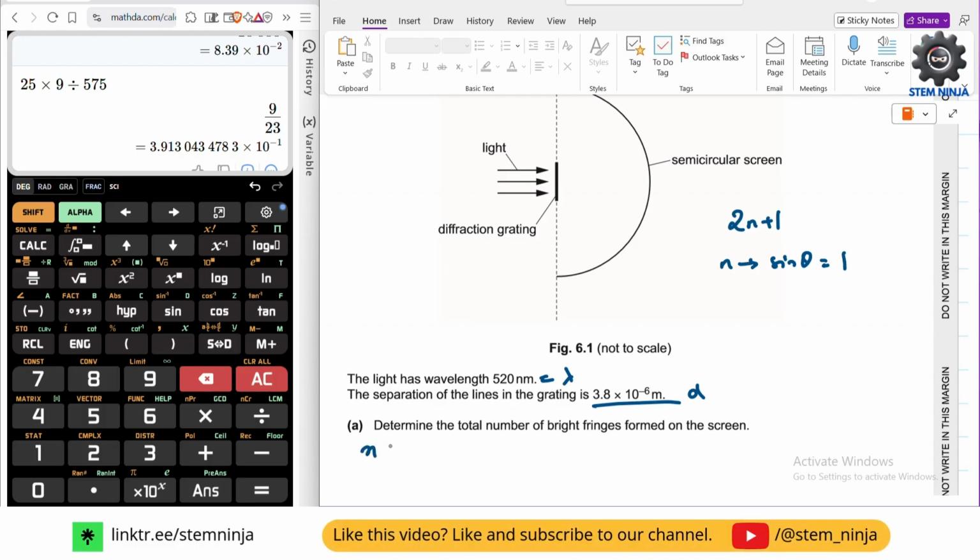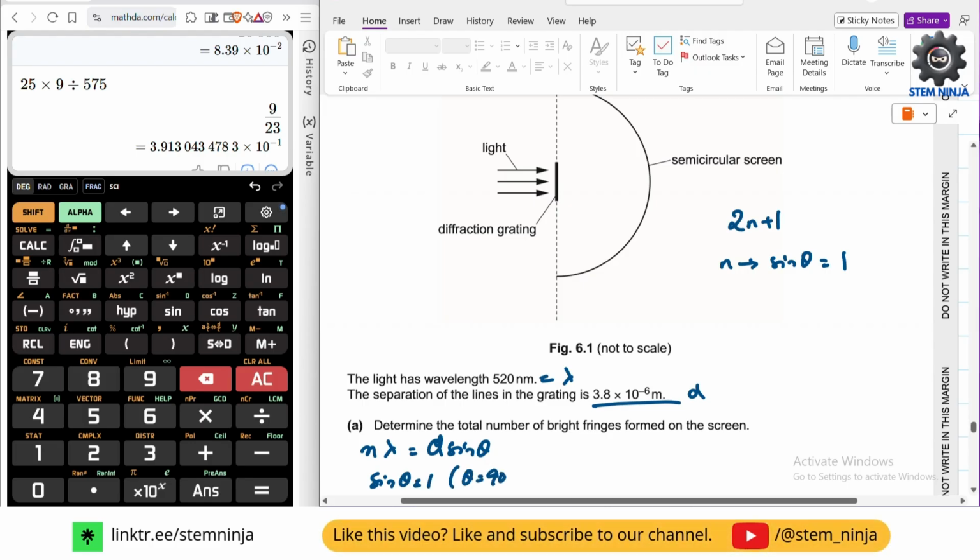Now remember, it's 2n plus 1, where n is where sine theta is 1. So we have n lambda equal to d sine theta. So sine theta is 1, because we are assuming theta is 90 degrees, because we want to find the order on each side at the point where the angle becomes 90 degrees.